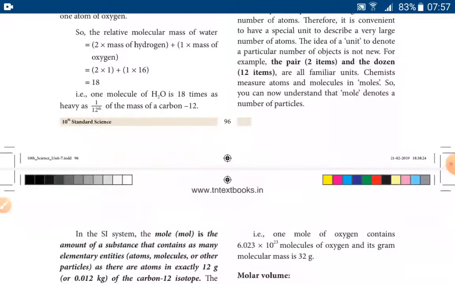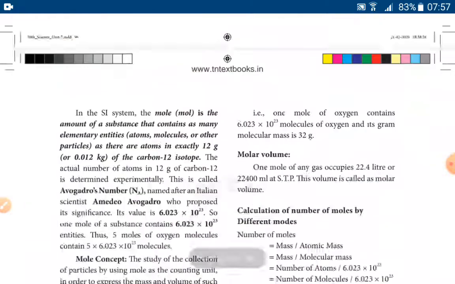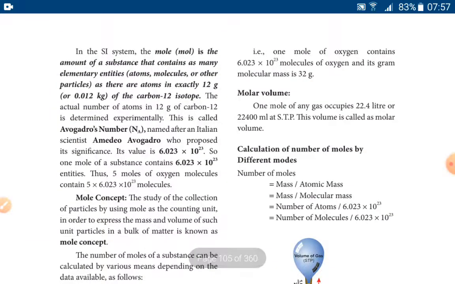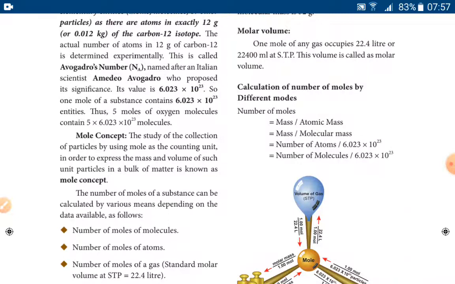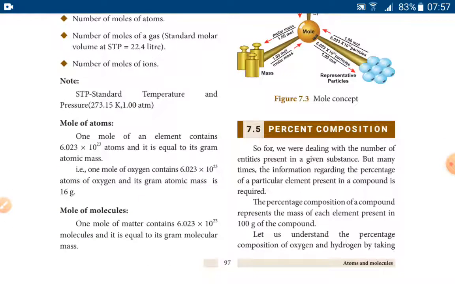Then what is mole? Define mole. It is a 2-mark question. And what is the value of Avogadro number? And next, the formula to calculate the number of moles when the mass of the atom is given, the mass of the molecule is given, when the number of atoms is given or the number of molecules is given.